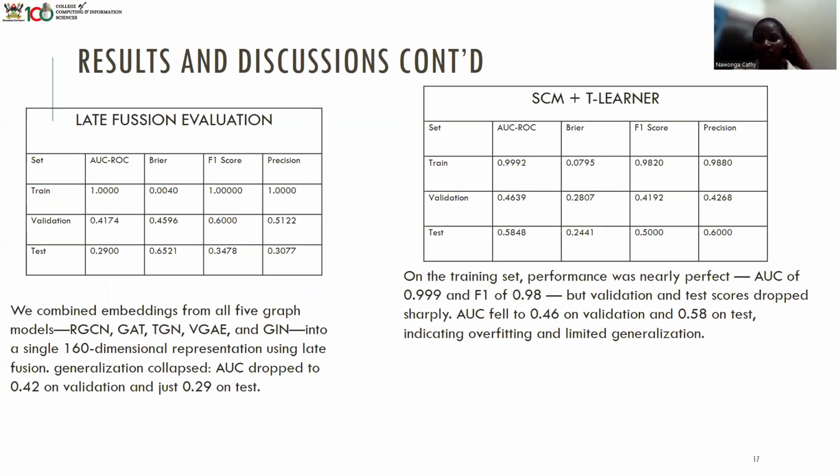Our area under curve dropped to 0.42 on validation and went to 0.6 on test. This suggests severe overfitting. While fusion captured structural diversity, it lacked regularization and supervision.